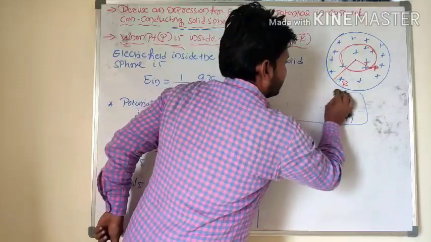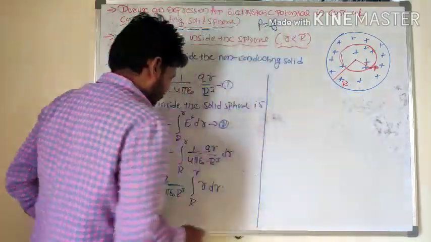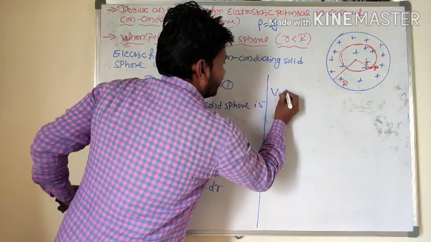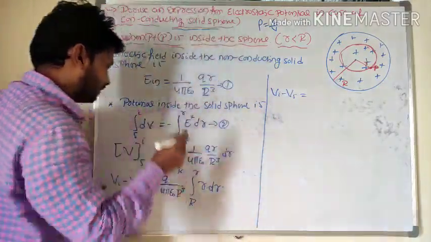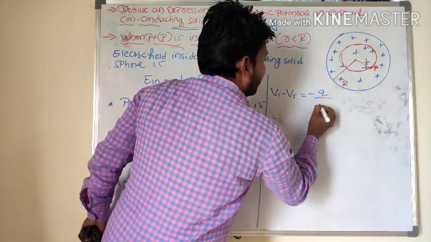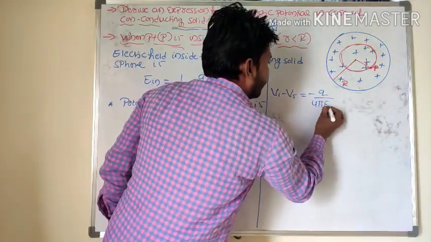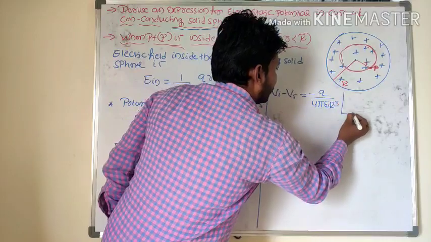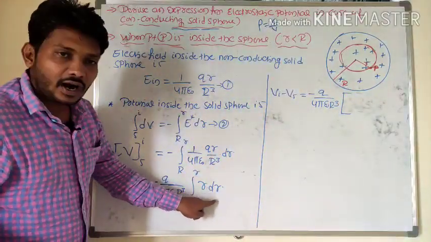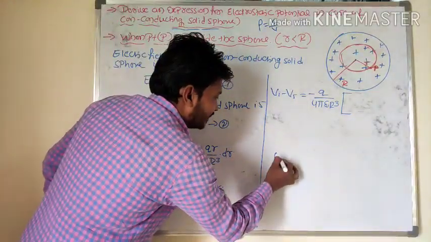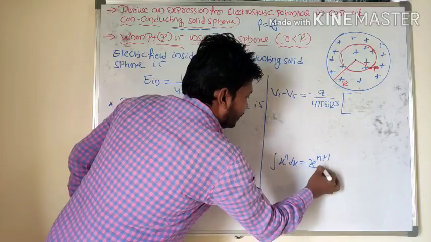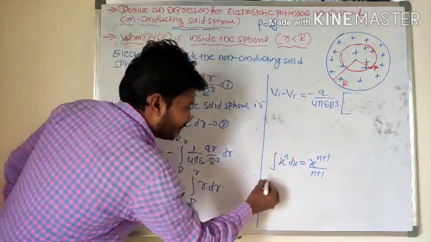Let me simplify this equation. Look at here, left side is potential inside minus potential at the surface. It is equal to minus of q divided by 4 pi epsilon naught R cube. Then what is the value of integration of r into dr? Just now I said integration of x raised to n into dx is x raised to n plus 1 divided by n plus 1.